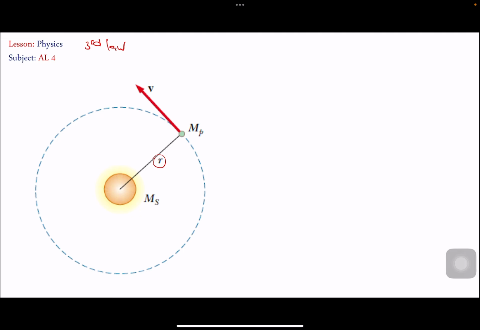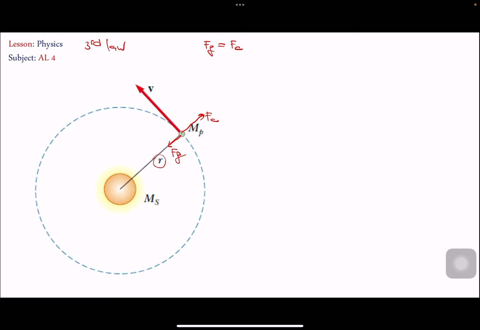Now, as we mentioned before, there are two forces that will be in balance. The first force is the centripetal force, and the second force is the universal gravitational force. So let me write here that the universal gravitational force will be equal to the centripetal force.